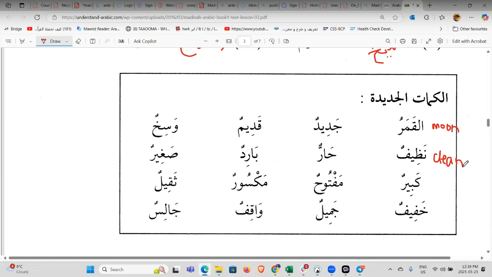Cleanliness is part of iman. Kabir means big. This word kabir is the word from which we form akbar. When we say Allahu Akbar, we're saying Allah is the greatest, because kabir can also mean great, mighty, big.